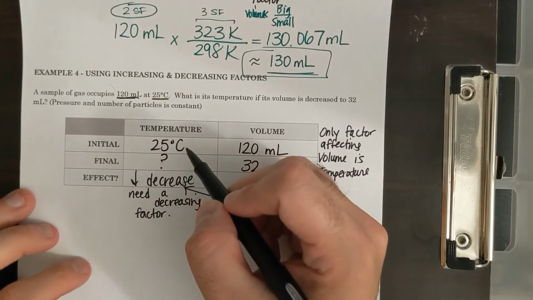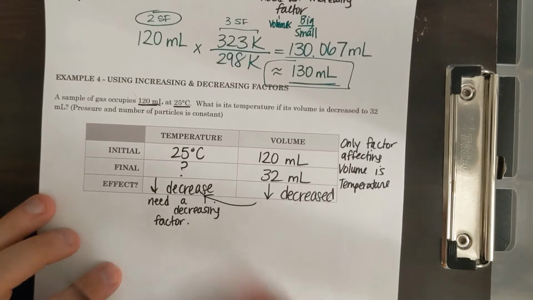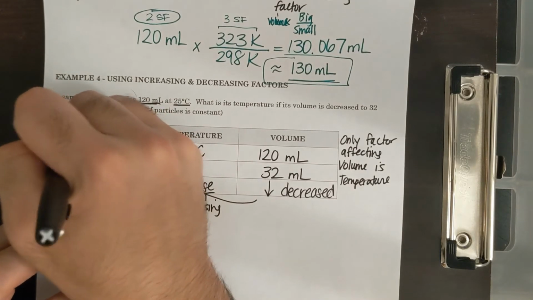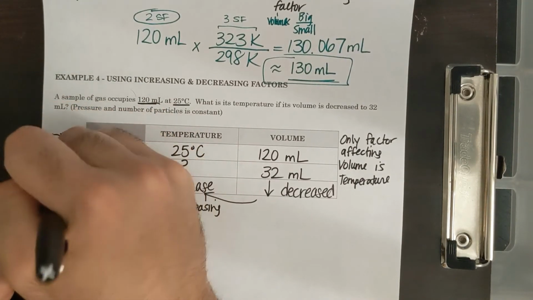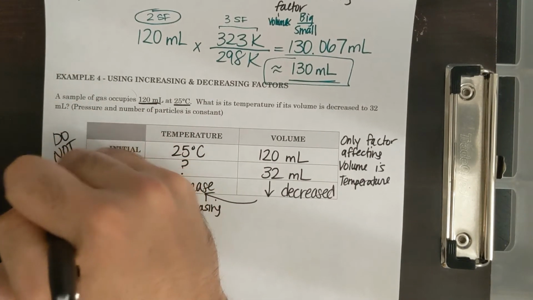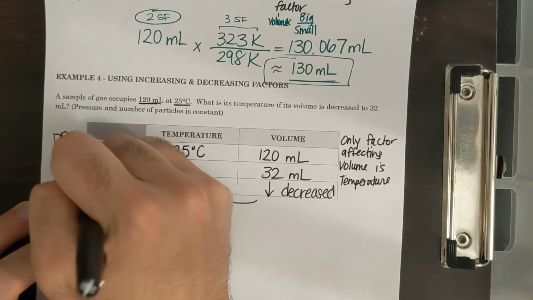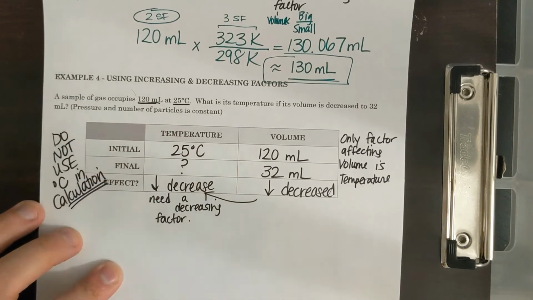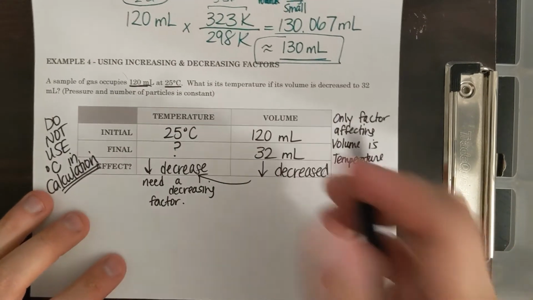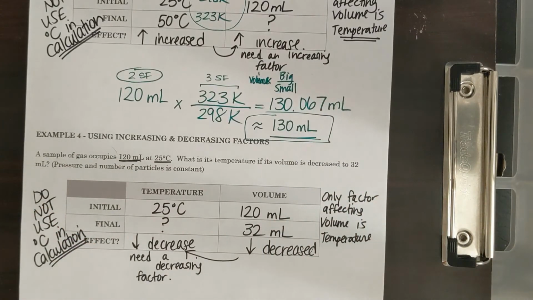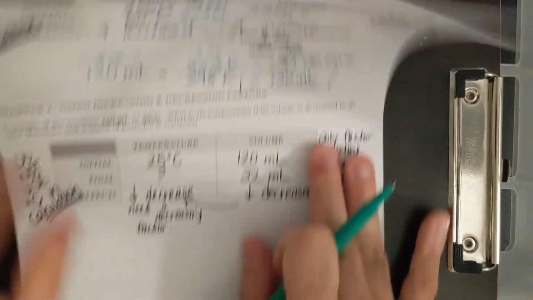Can I use degrees Celsius for this calculation? No, do not use degrees Celsius in calculation. Do not do this. So what I need to do is convert this to Kelvin again. So I add 273 and I get 298 Kelvin.